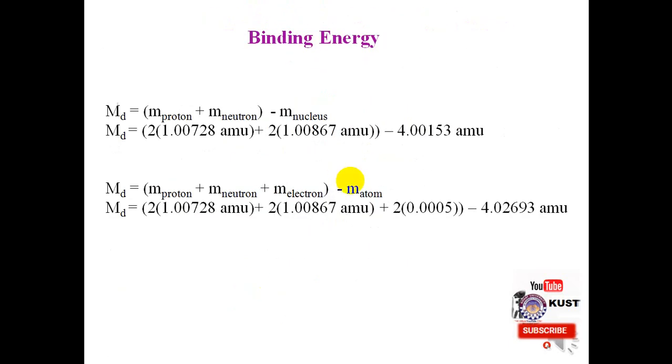You can use, as we have already discussed the different alternative forms, you can calculate the binding energy from the mass of the helium atom instead of the mass of the helium nucleus, and then you will put the mass of the electron.